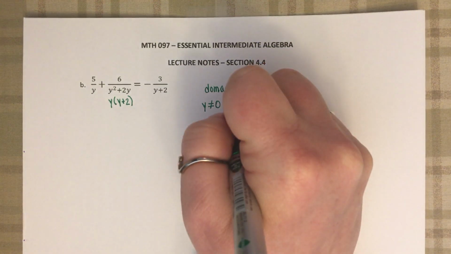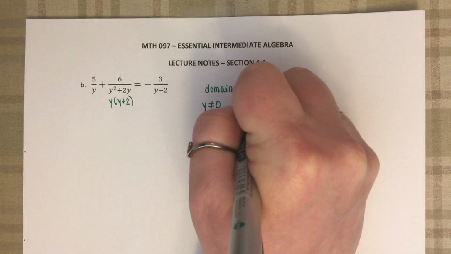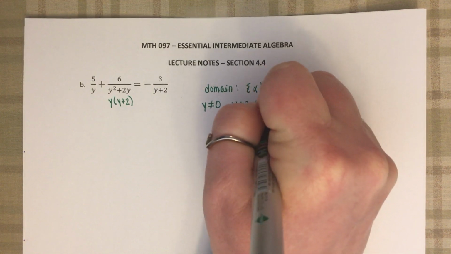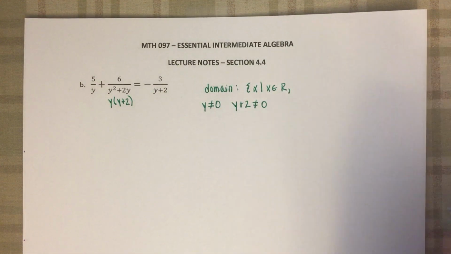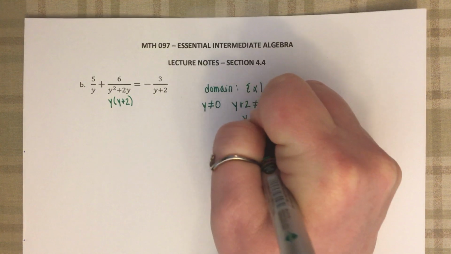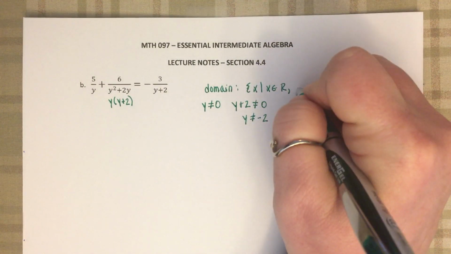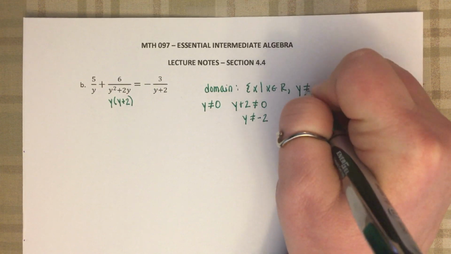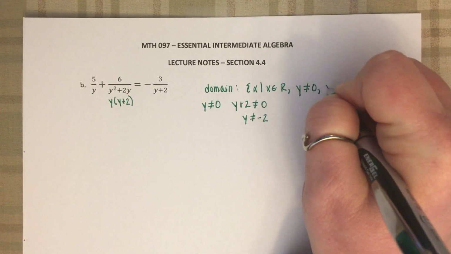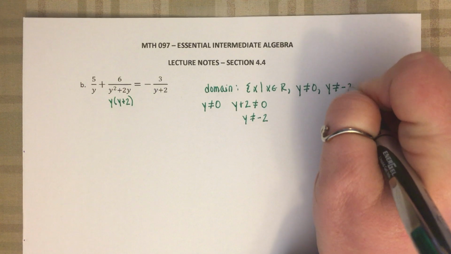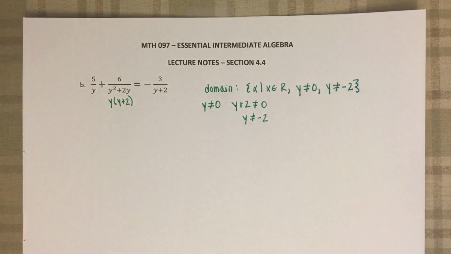Our other factor for our denominator is y plus 2. So y plus 2 can also not be equal to 0. If we subtract 2 from both sides, then we get y cannot be equal to negative 2. So our domain restrictions are going to include y cannot be 0, y cannot be equal to negative 2.